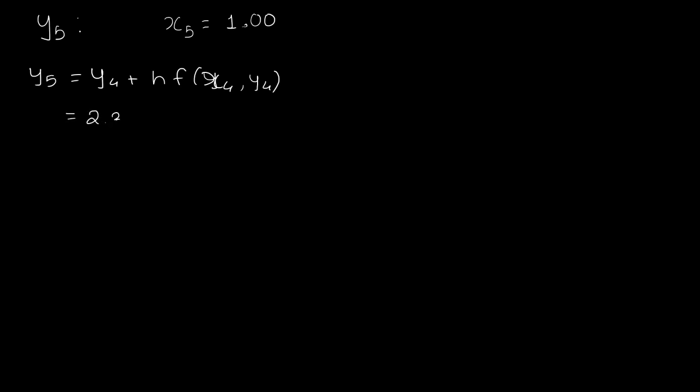Now my final thing is to find y5, which is at x5 equal to 1. Y5 will be given by y4 plus h times f of x4 comma y4. Y4 we had just found is 2.347, plus h, which remains constant at 0.2, times f of x4 comma y4, which is x4 plus y4.